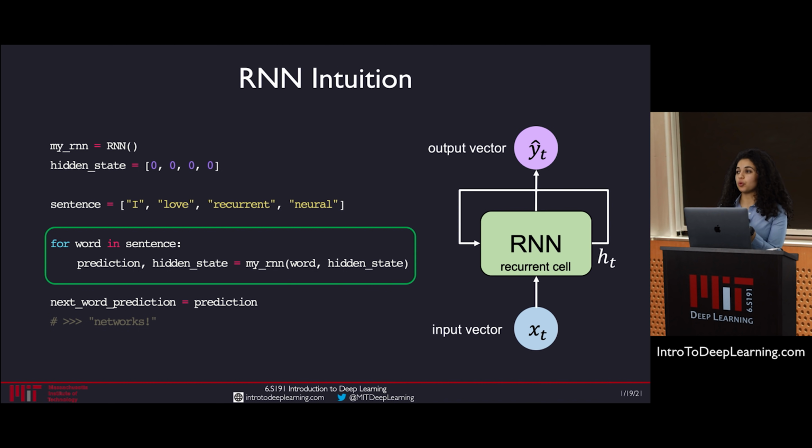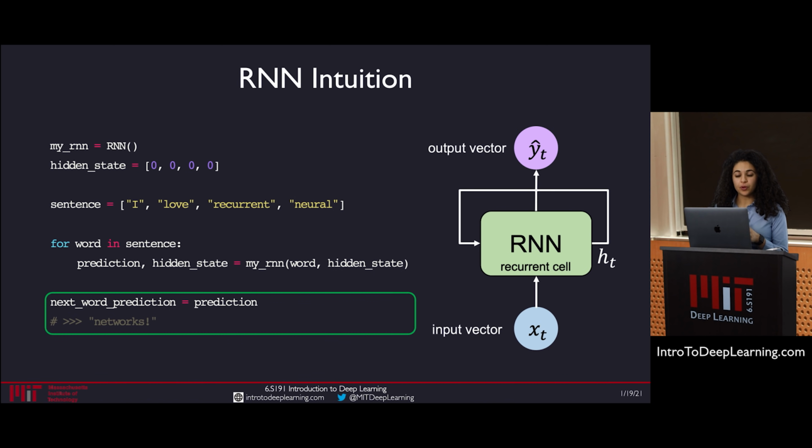We're going to loop through the words in this sentence, and at each step, we feed both the current word and the previous hidden state into our RNN. This generates a prediction for the next word, as well as an update to the hidden state itself. Finally, when we're done processing these 4 words in this sentence, we can generate our prediction for what the next word actually is by considering the RNN's output after all the individual words have been fed through the model.